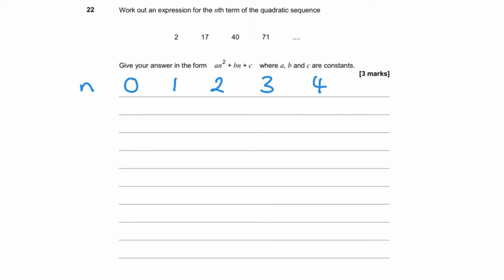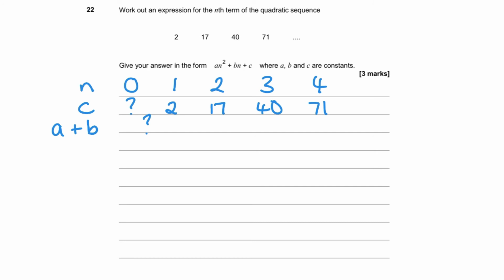Step 2 is to label the line C, and these are our terms, so we don't know that one. Then we've got 2, 17, 40, 71. Step 3 is our line A plus B, and these are the differences between our terms. So we don't know the difference between our question mark and 2.